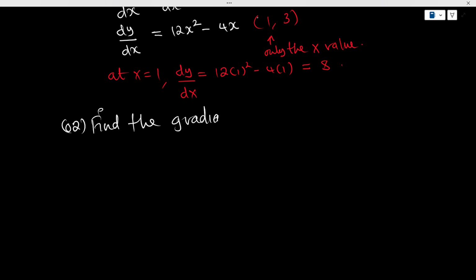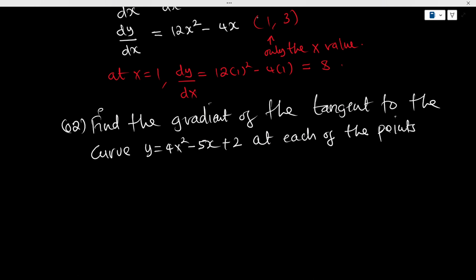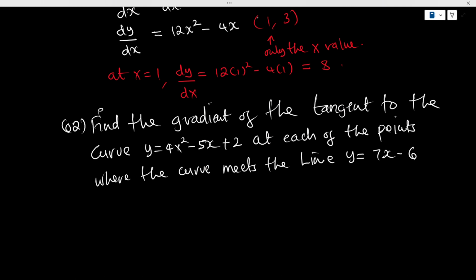Find the gradient of the tangent to the curve y equals 4x squared minus 5x plus 2 at each of the points where the curve meets the line y equals 5x minus 6.